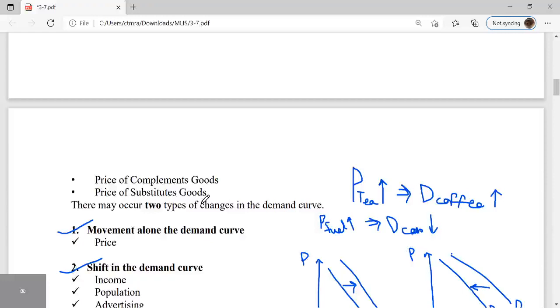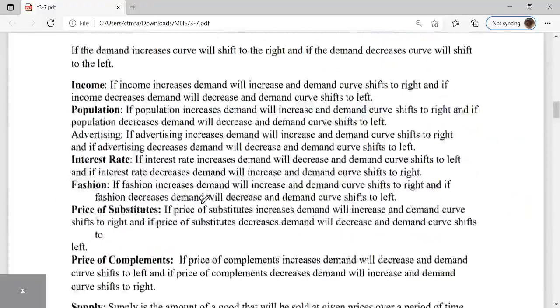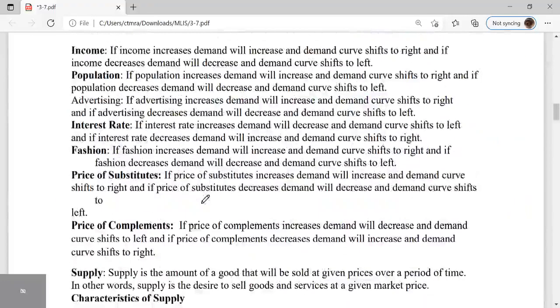Very similar products, different brands. If the price of Pepsi falls, then the demand for Coca-Cola will fall. Why? Because these are alternatives, so people will switch between the products.